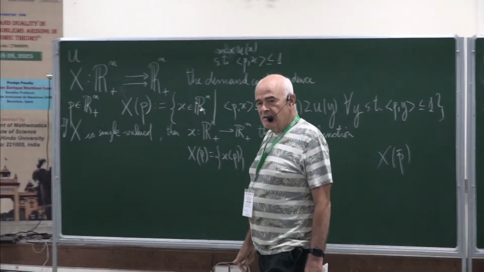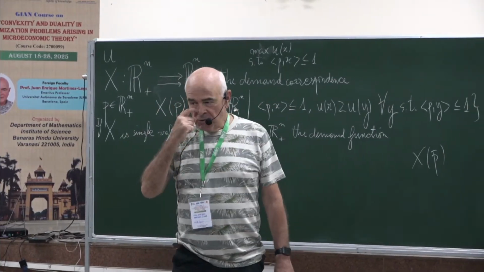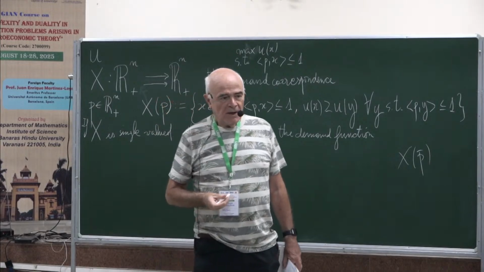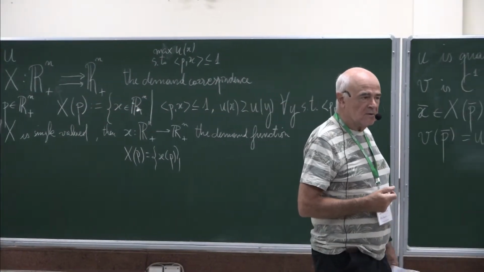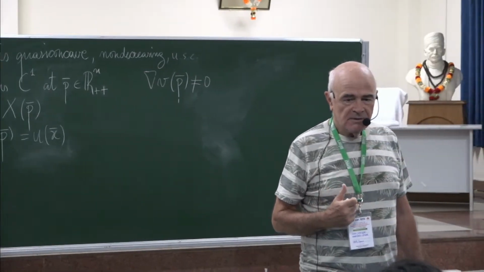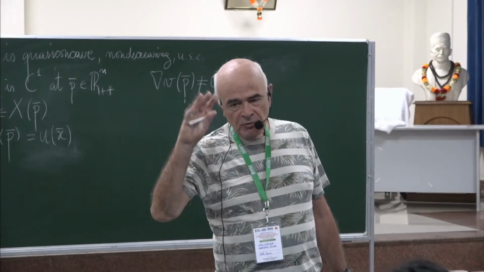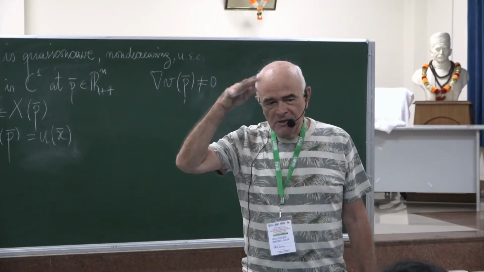And now, what do you think would be the role that these regularity assumptions on U are going to play? Where did such assumptions appear? No, we are in consumer theory, forget production. We produced enough. We are very tired.